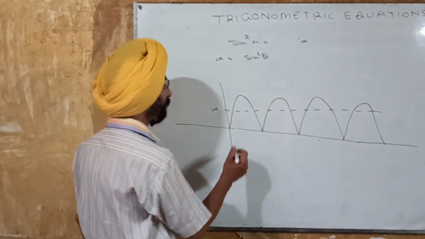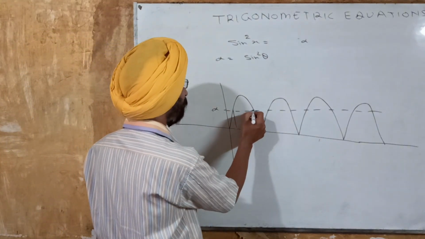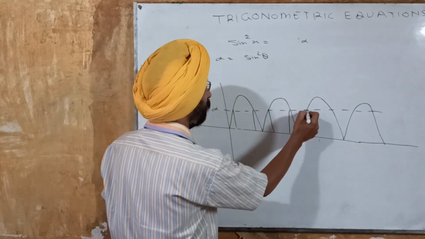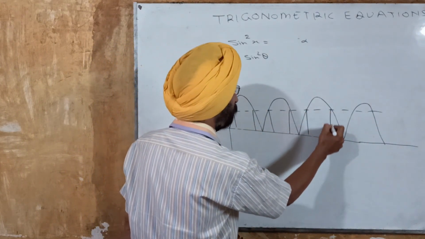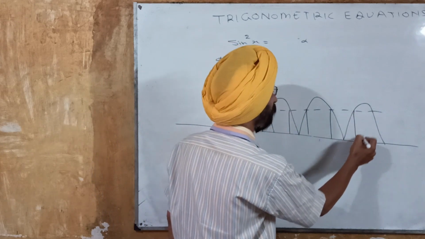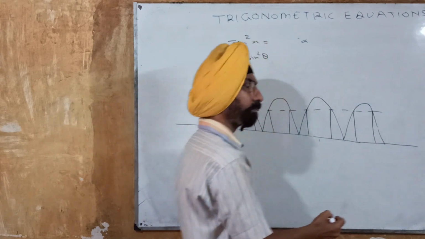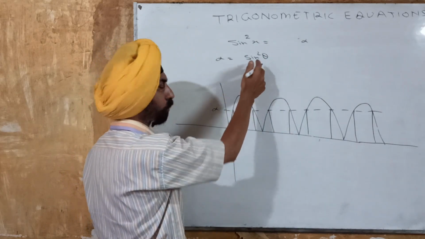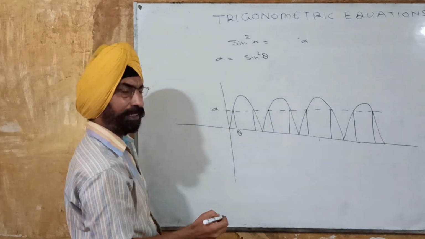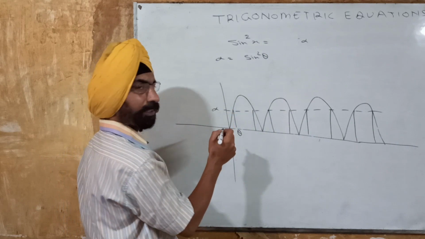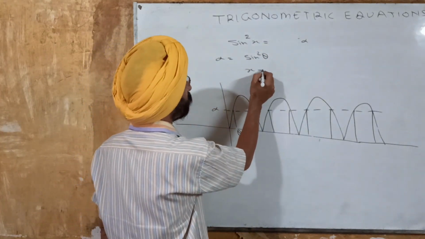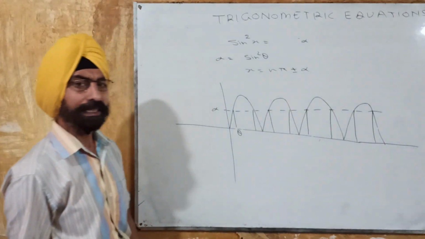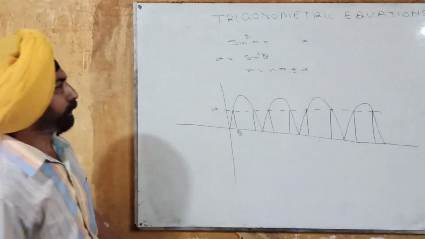So here will be the value alpha, and here will be pi minus alpha, pi plus alpha, 2 pi minus alpha, 2 pi plus alpha, 3 pi minus alpha, 3 pi plus alpha and so on. So in general, if sin square x is equal to sin square theta, then x is equal to n pi plus minus theta.